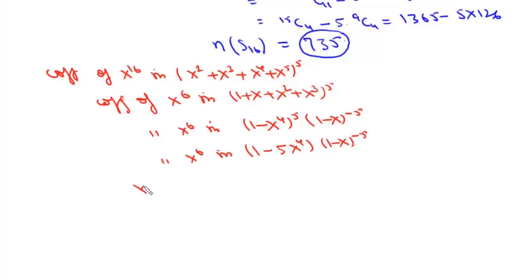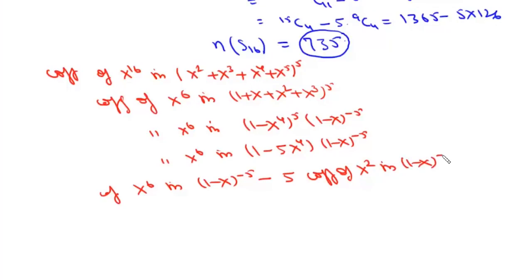Now here we can write the coefficient of x to the power 6 in (1 minus x) to the power minus 5, and then minus 5 into the coefficient of x square in (1 minus x) to the power minus 5. Now this is (6 plus 5 minus 1)C6 and then minus 5 into (2 plus 5 minus 1)C2.